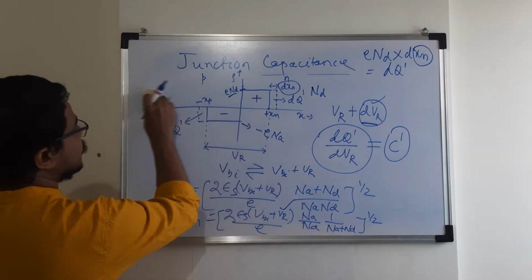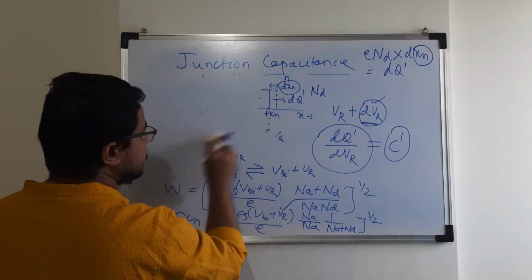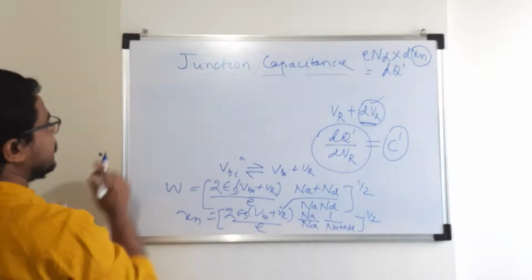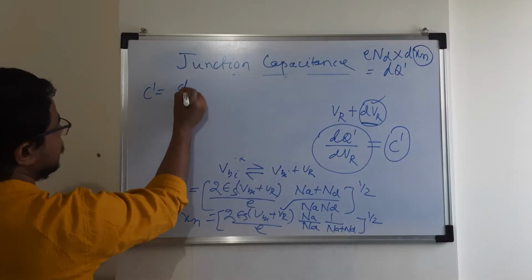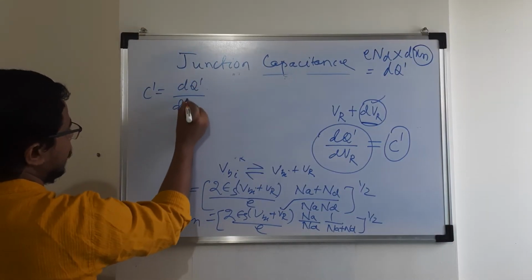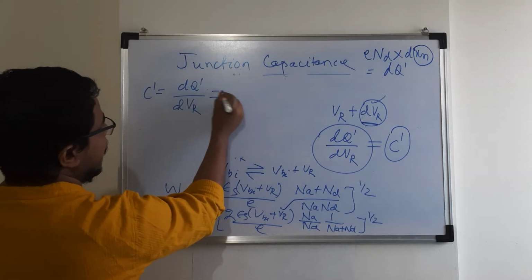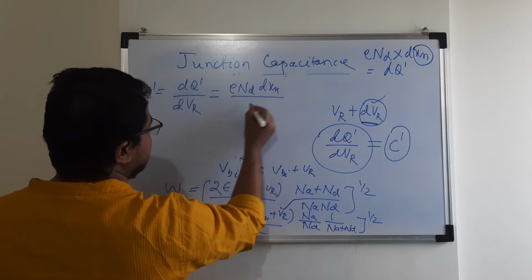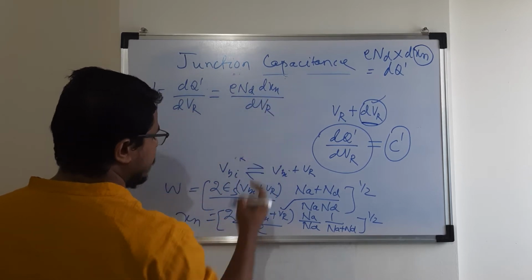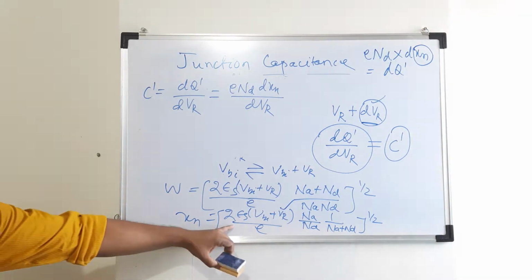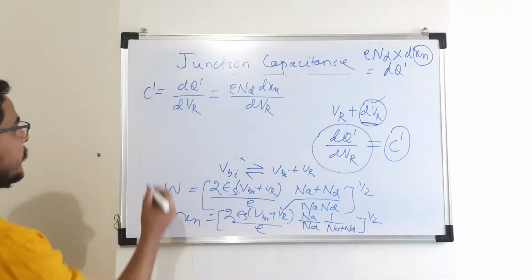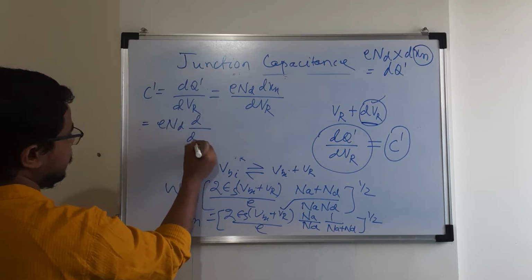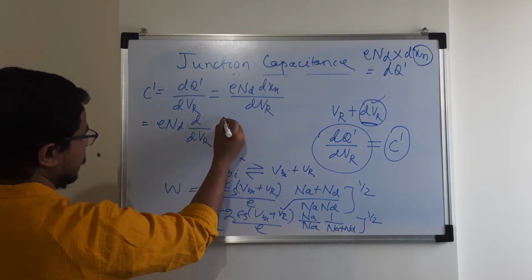Now it is simple maths, a simple derivative. To write the junction capacitance, we start with C dash equal to dq dash by dVR, and then we got eNd dxn by dVR, right? Now substitute the value of xn that we have already obtained. eNd is constant, take this out, and then write d by dVR of the function itself.